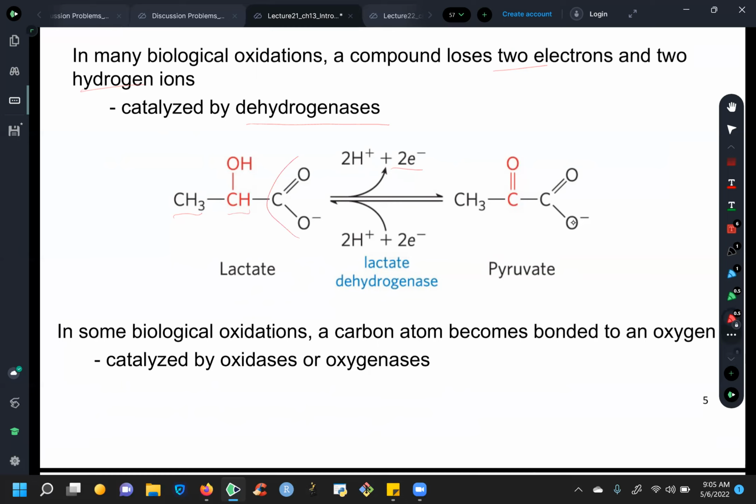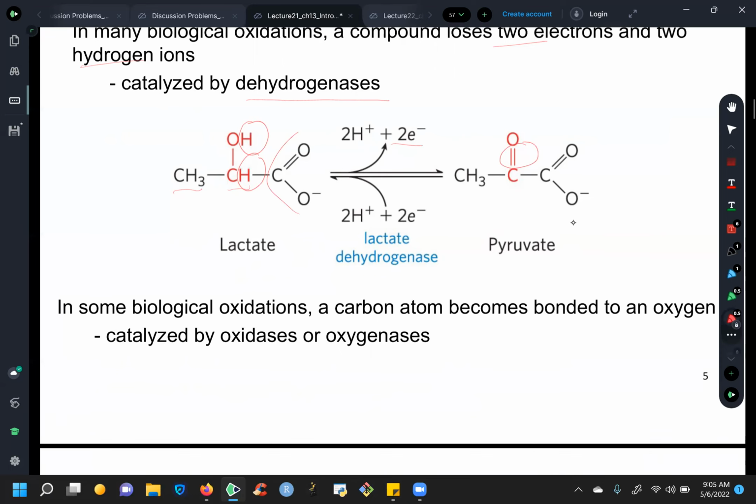When you remove the 2 protons that leave with the electrons, you're getting rid of this one and this one, and that leaves behind this double bond with the oxygen. So you have to be able to follow the electrons. Lactate and pyruvate are almost identical, except that in pyruvate we have the carbonyl, and in lactate, the 2 hydrogens were added and they broke up that double bond.